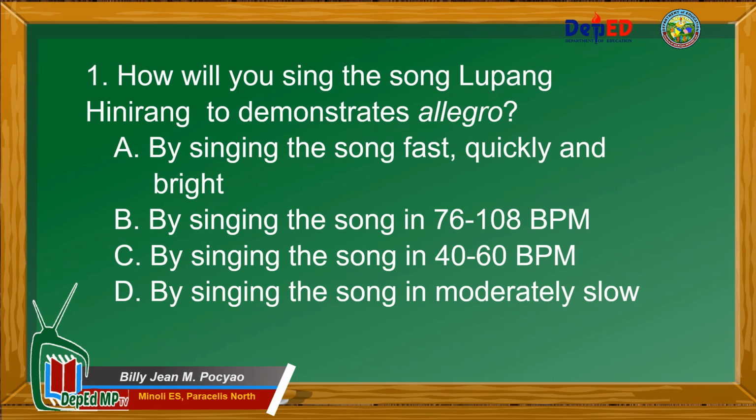Letter B, by singing the song in 76 to 108 beats per minute. Letter C, by singing the song in 40 to 60 beats per minute. Letter D, by singing the song in moderately slow. The correct answer is letter A.